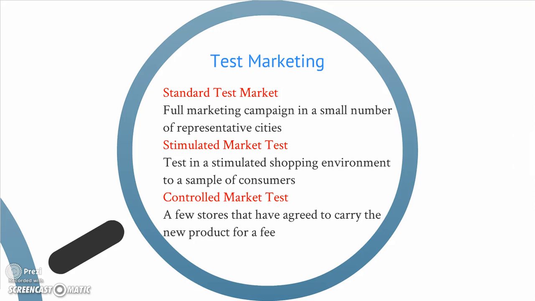The last one is the controlled market test, where I will go to the product store and place a product over there, and those stores will agree to my policies, and they will buy the product for a fee. Then those people will keep my product on the shelf. This controlled market test as well as the other market tests will help me to assess the demand for the product.